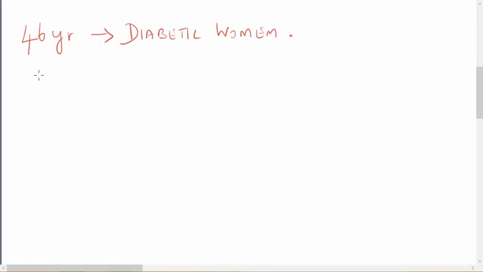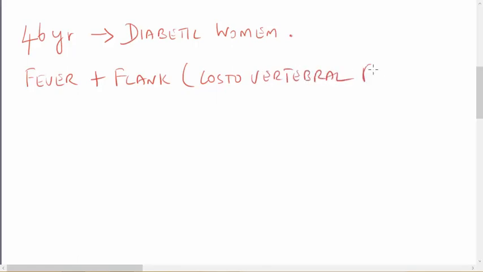So now next, they have given some clinical features: fever plus pain in the flank region. I tell you, flank region pain, costovertebral pain or loin pain, loin to groin pain, these all represent renal pain.